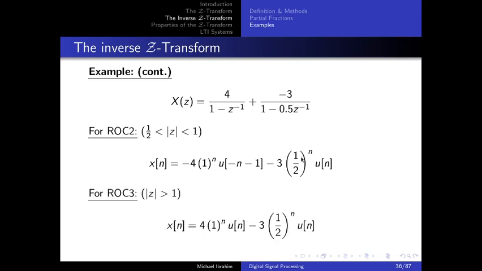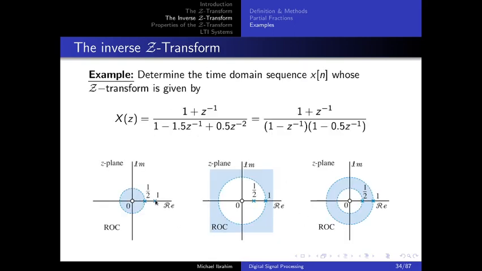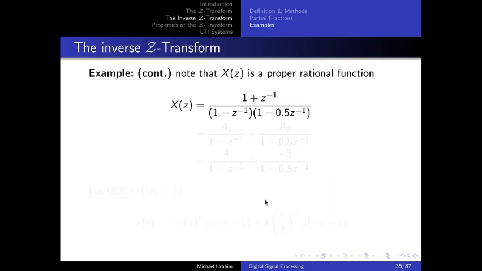The third region of convergence, which is modulus z larger than 1, if we go back to the figure here, if modulus z is larger than 1, then the ROC is going outward for both poles, and hence the terms would be half to the power n u of n and 1 to the power n u of n.